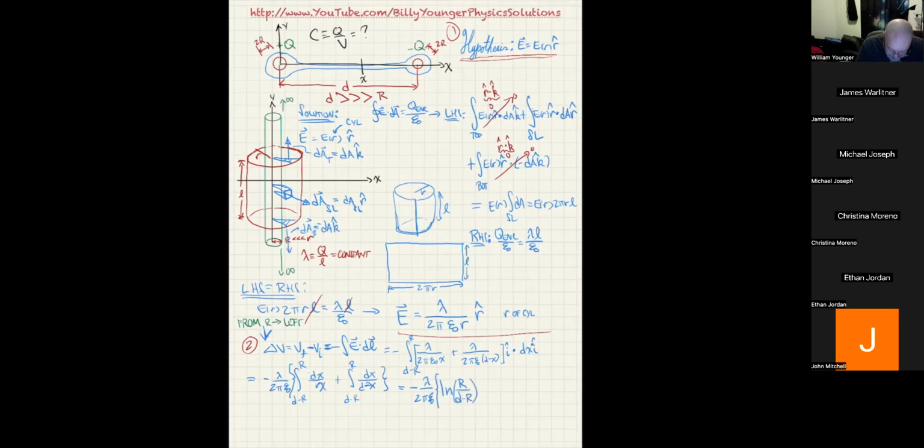That looks fine. The other one's going to be a little funnier. Let's let d minus x equal u, then du is equal to negative dx.